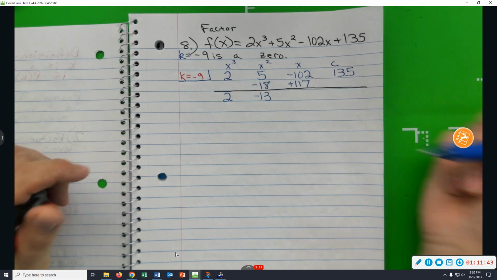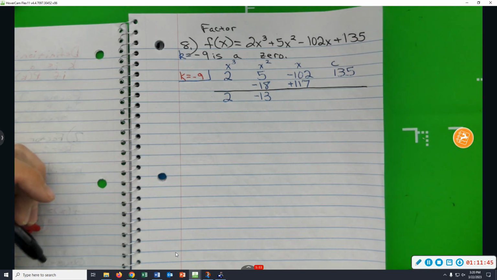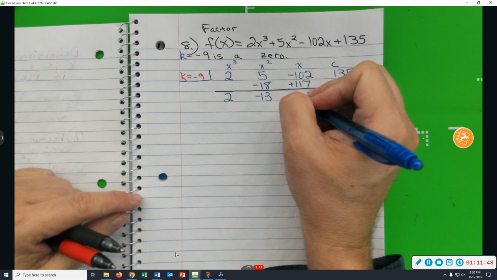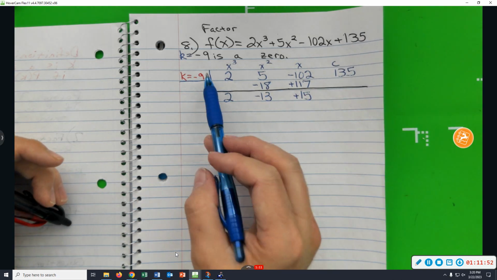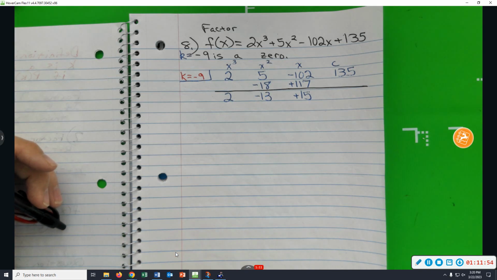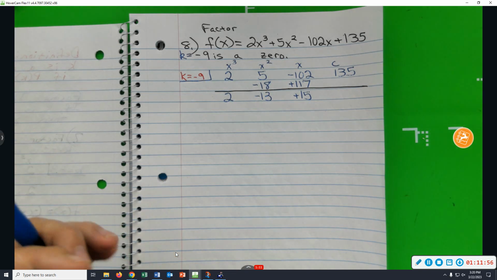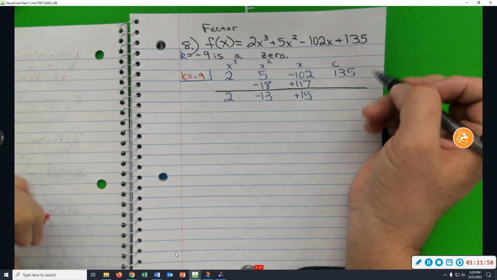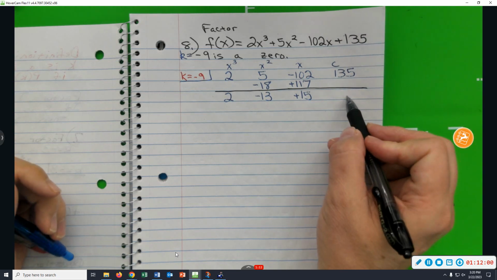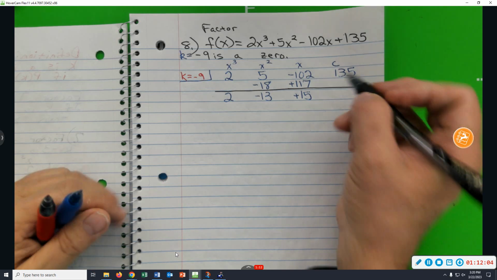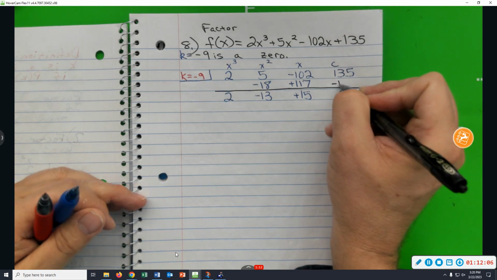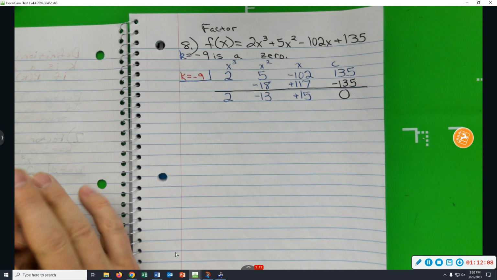Negative 102 plus 117, I'm getting a positive 15. Positive 15 times a negative 9 is a negative 135. I know it's a negative 135 because I know what this number has to be here. It has to be a 0, so that better be a negative 135.